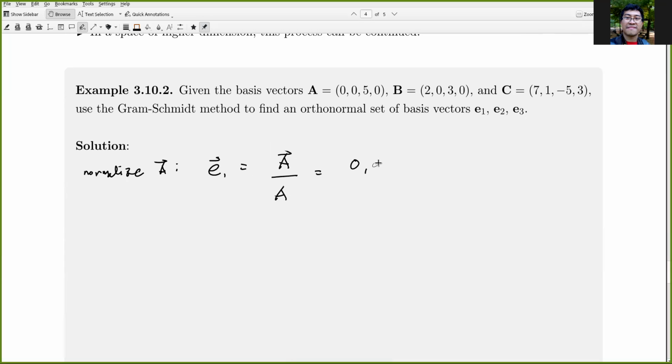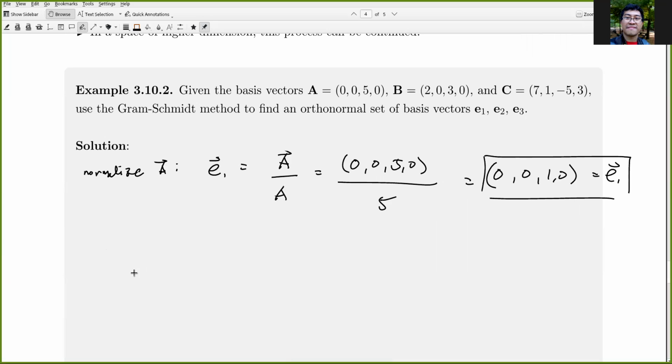So you have 0, 0, 5, 0. The norm would be 5. So if you try to solve, the answer is 5. So E here is 0, 0, 1, 0. That's our E1.